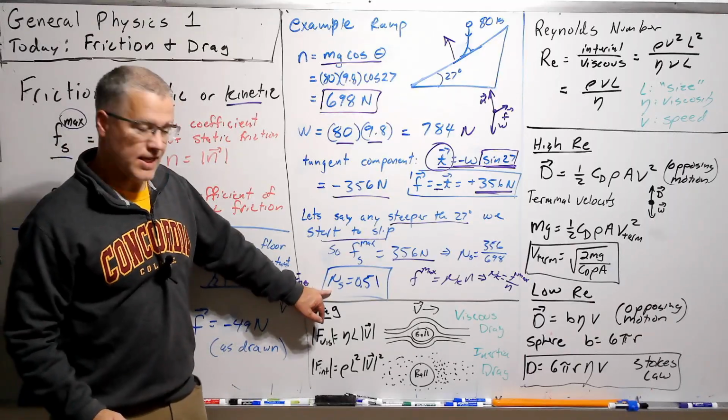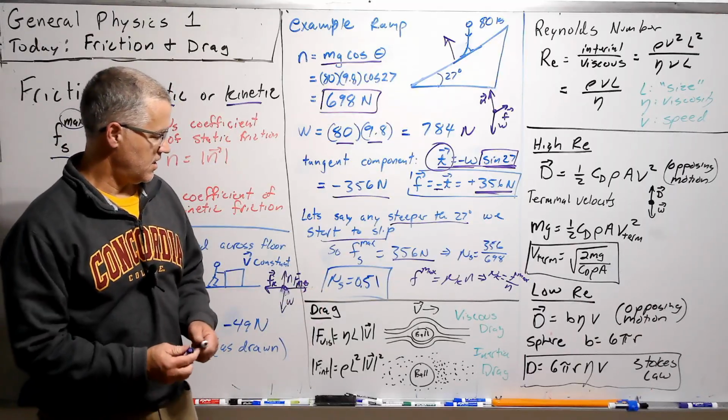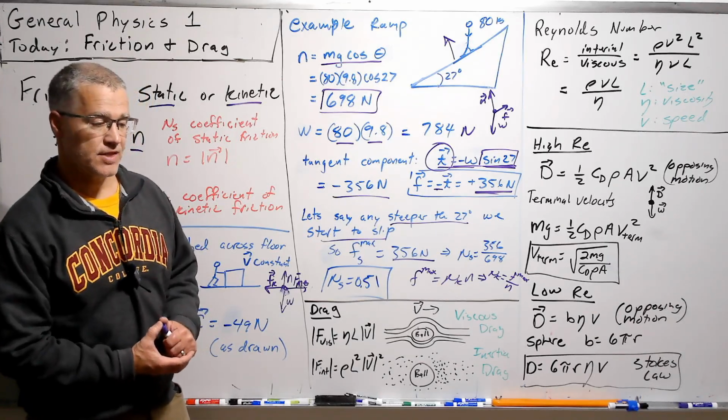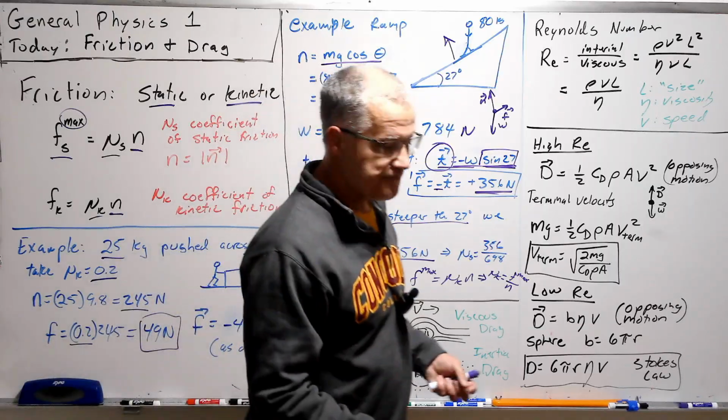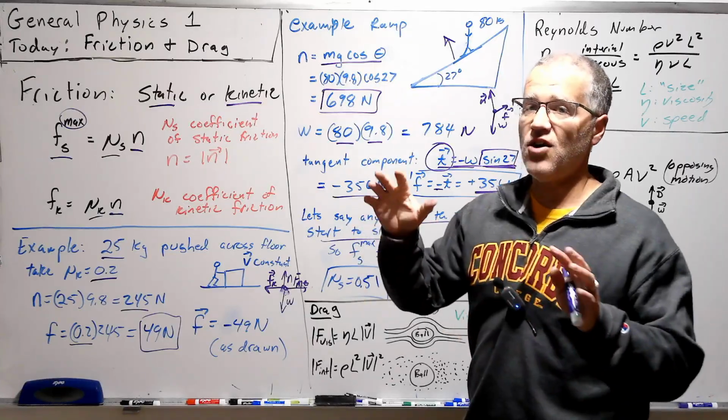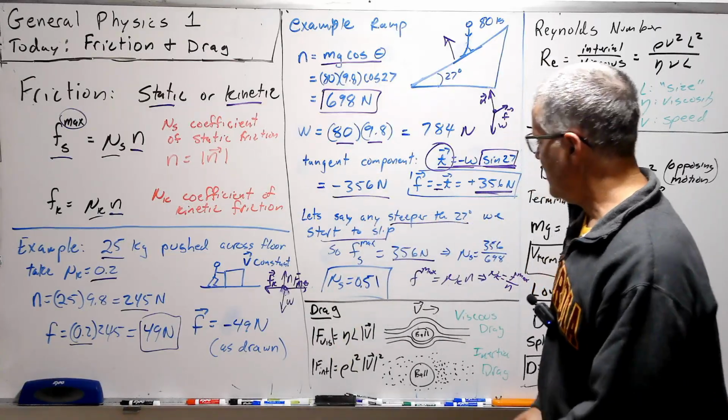And so we get 0.5 as our coefficient of static friction. Okay, that's frictional force. It involves contact between two surfaces, and it always opposes motion.